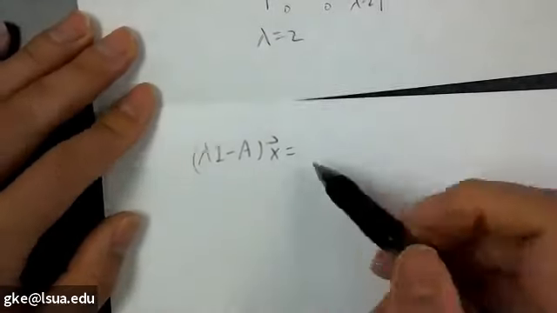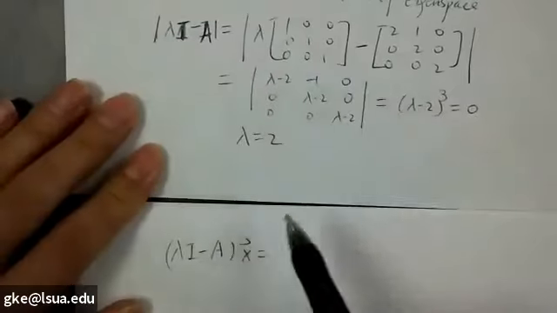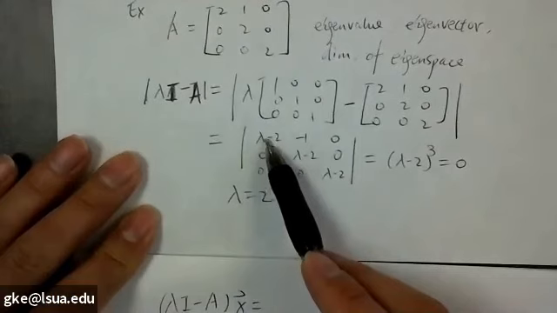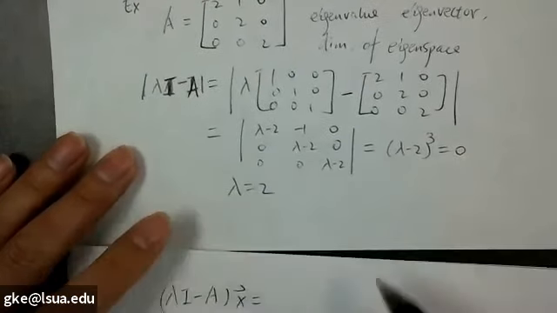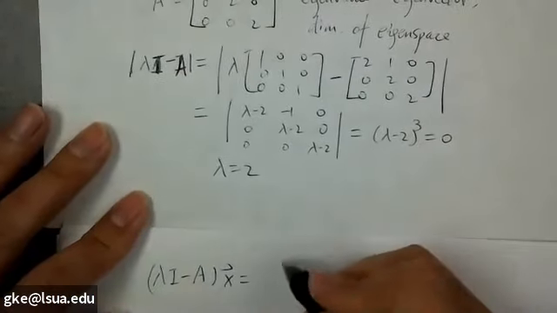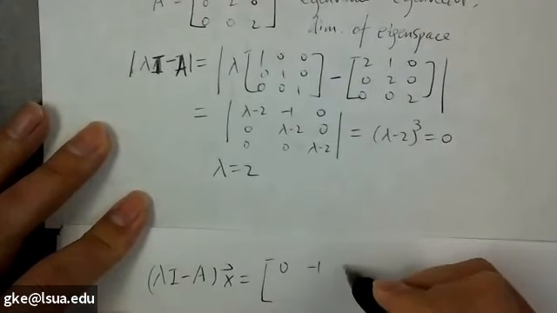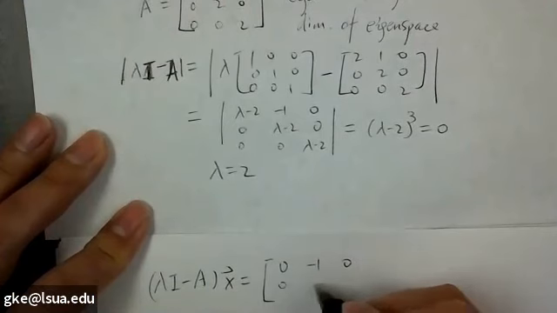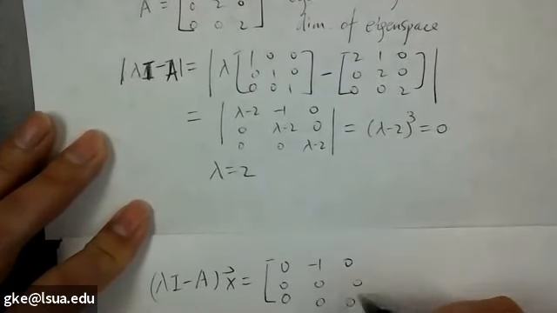Right? Now plugging lambda 2 in here, you're gonna get lambda I minus A as 0, -1, 0, 0, 0, 0, 0, 0, 0.